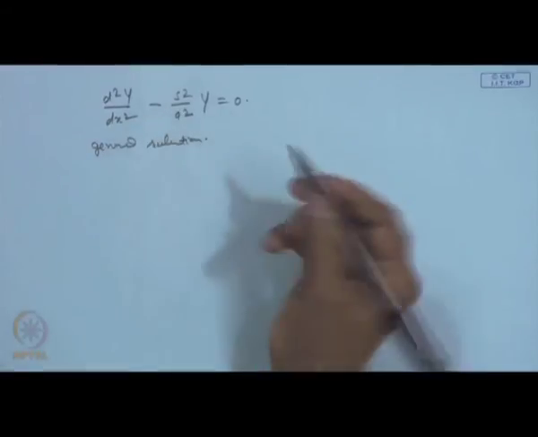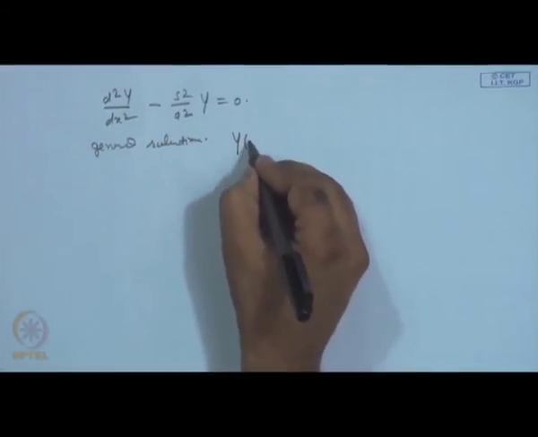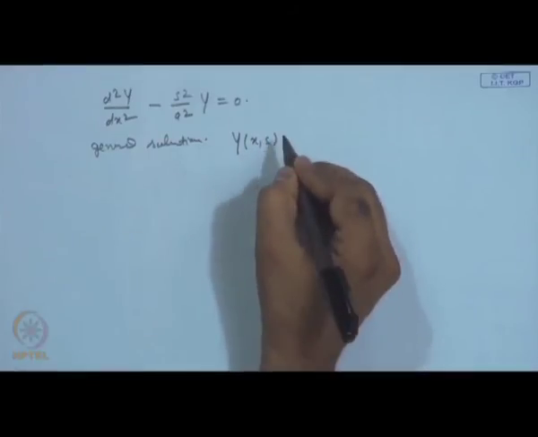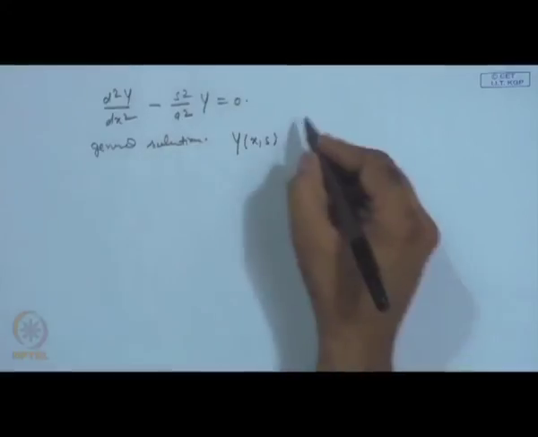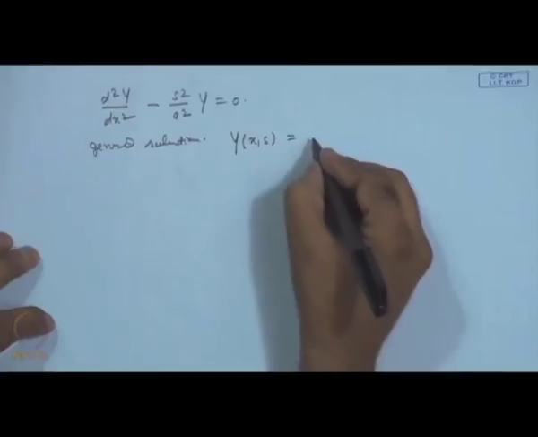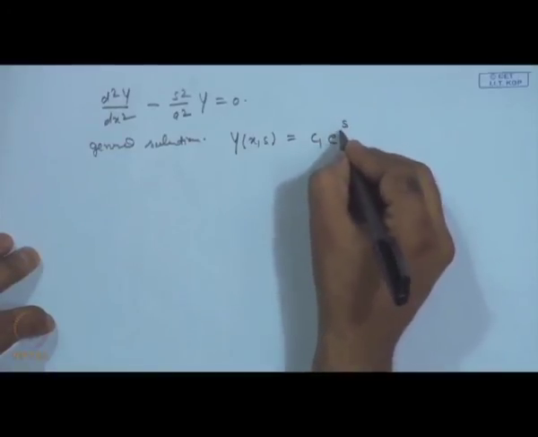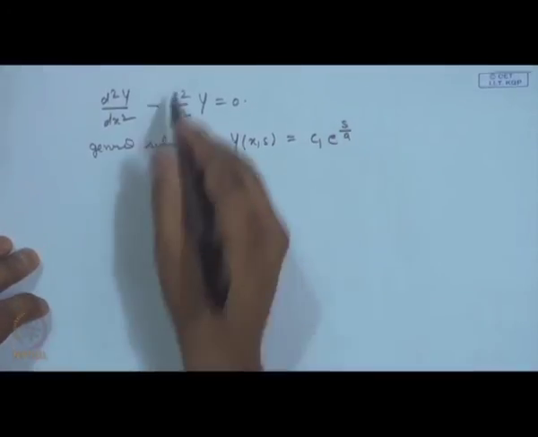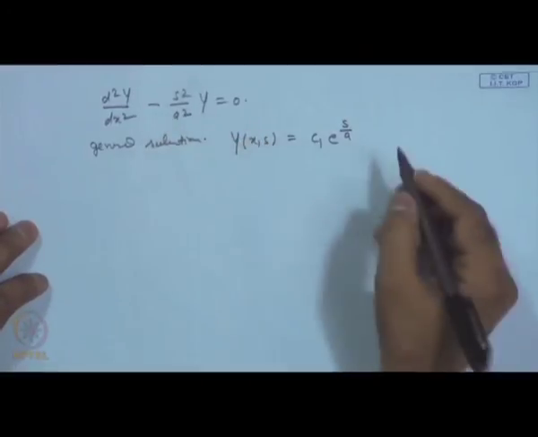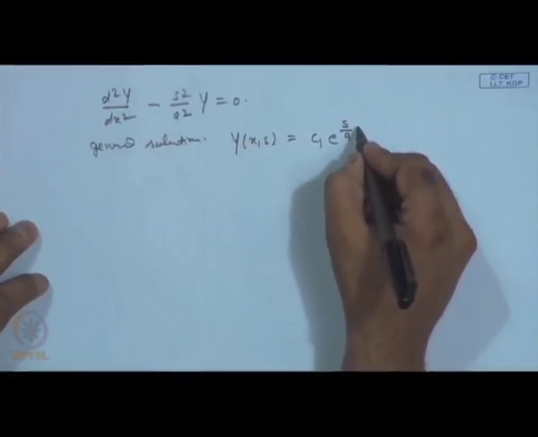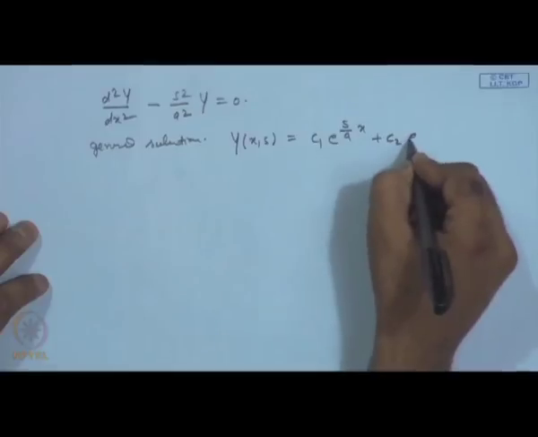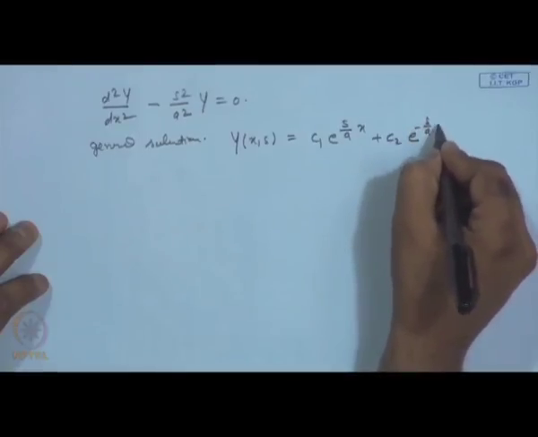We have only the complementary function. So, we have y x s is c 1 e to the power s over a x plus c 2 e to the power minus s over a x, since the roots are plus minus s over a.